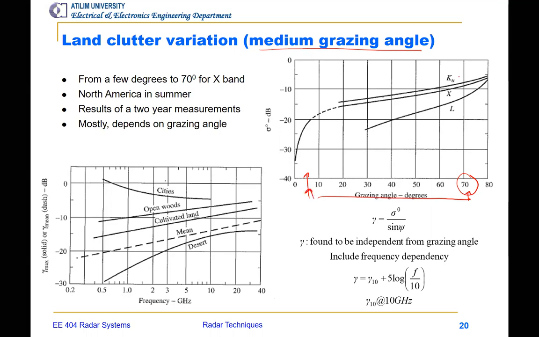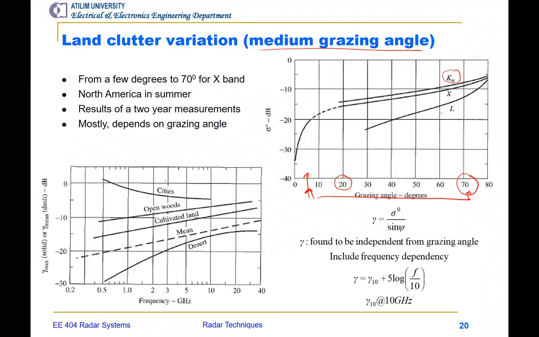There are three bands, Ku, X, and L. And Ku and X have a similar pattern, as you can see, with increasing grazing angle from 20 degrees. Their values are very close to each other, and they're almost linearly varying with the grazing angle.